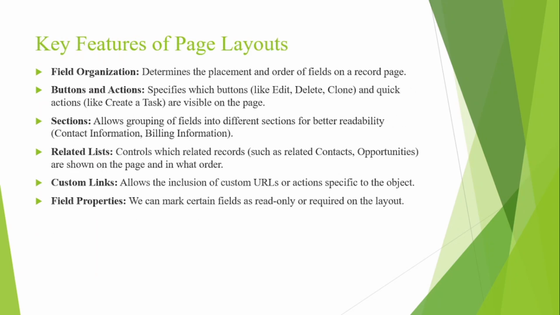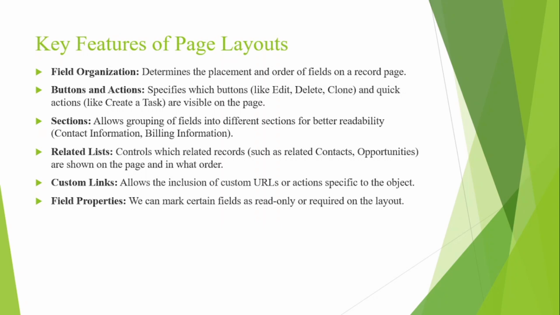So there are some key features of page layouts. Field organization determines the placement and order of fields on a record page. So when we are seeing information on a particular object, in which order the fields are going to be displayed.